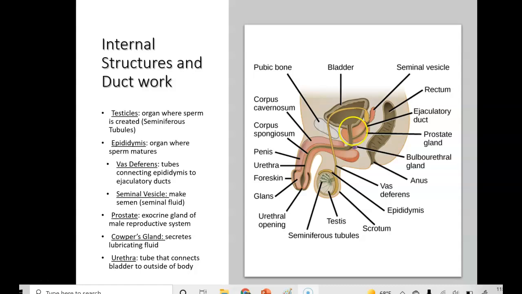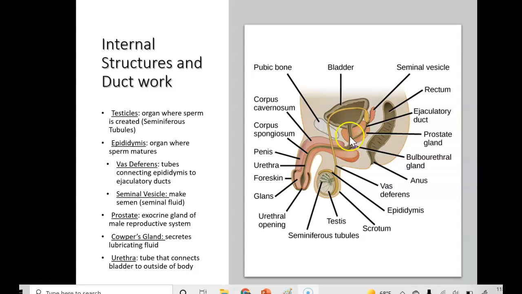It's made of both muscular tissue and obviously glandular tissue because it is a gland. And it's going to secrete an alkaline or a basic milky fluid to the seminal fluid, which now is technically called semen. So once the sperm, the seminal fluid, and then the secretion from the prostate gland all mix together, we officially have what we call semen.